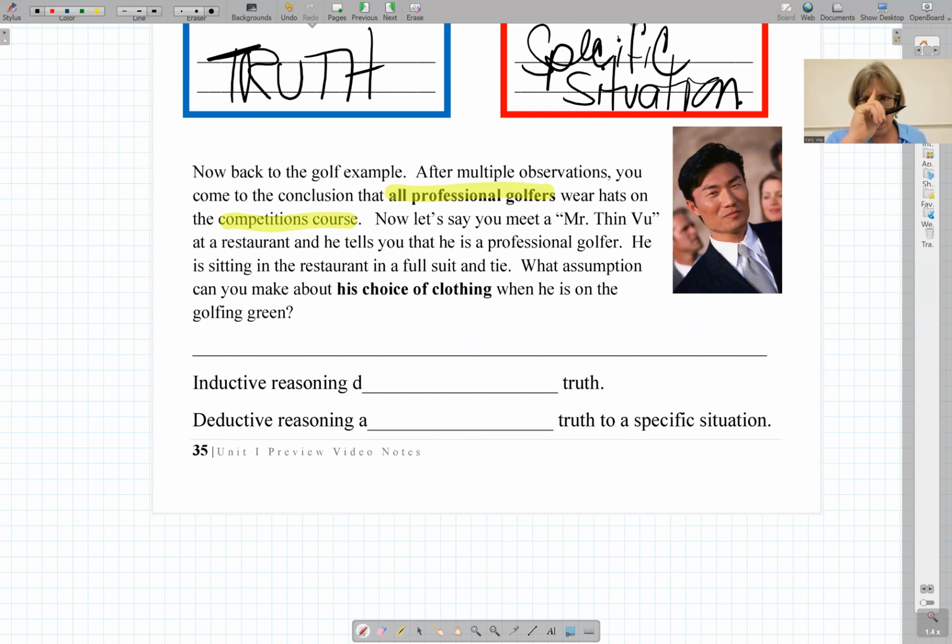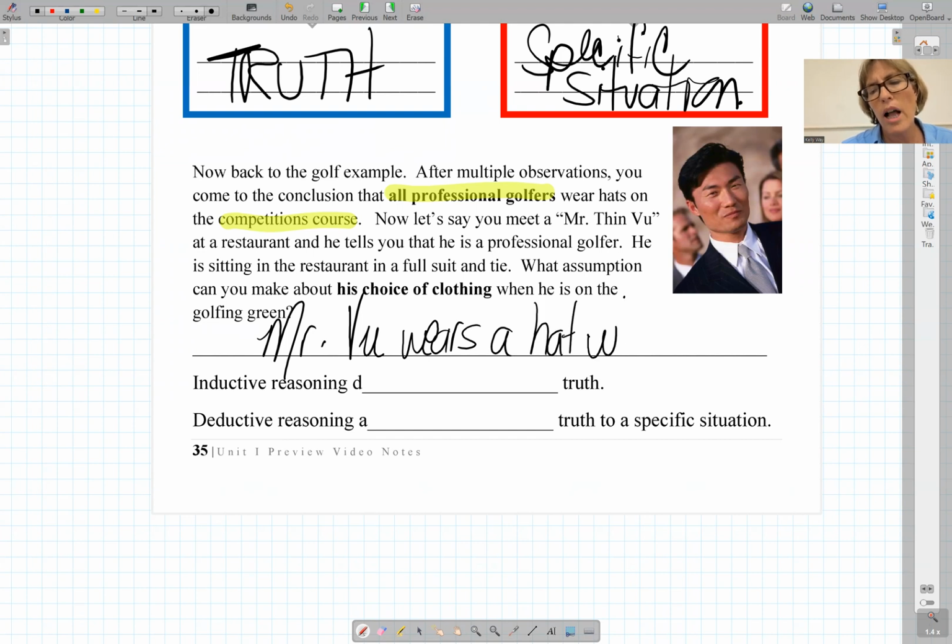And you're like, in your head, all golfers wear hats while on the golfing green. You have a gentleman in front of you, not at the moment wearing a hat, but because he tells you he's a golfer, you apply the truth. Therefore, Mr. Vu wears a hat while golfing.